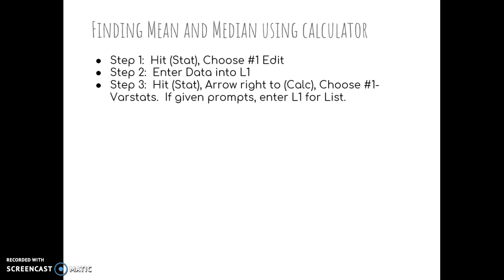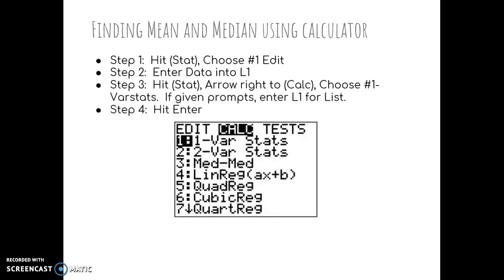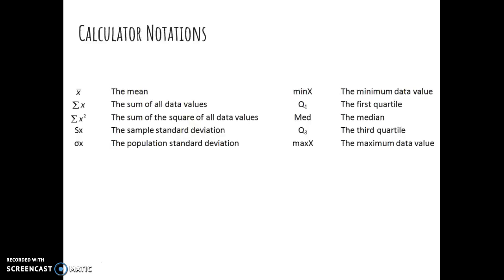After that, you can hit Enter, or if they give you prompts, make sure you tell the calculator which list you're using, and in our case I'm going to use L1. That should already be in there, that's the default, but if you have it in a different list you would change that. You're going to hit Enter. So here's the screen with 1-Var Stats on it.